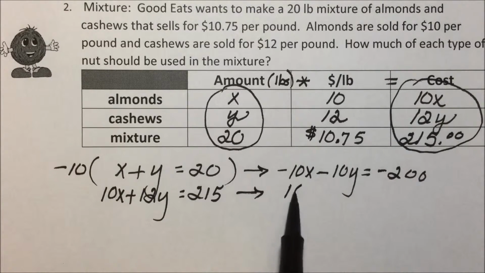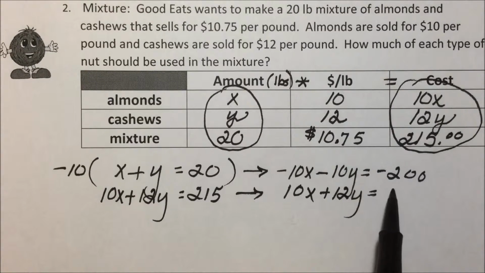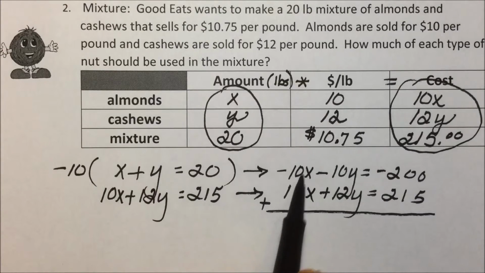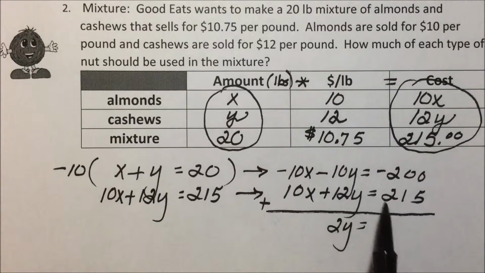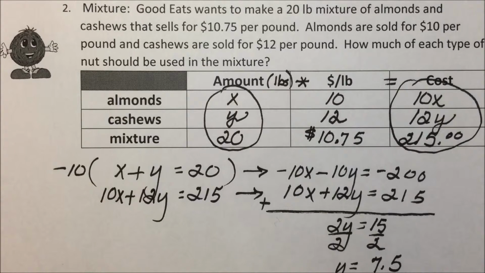Adding it then to the second equation, that I'm not going to do anything to, results in the x's canceling out. A -10 and 12 leaves a 2y. -200 plus 215 leaves 15. Dividing both sides by 2 results in y equal to 7.5.